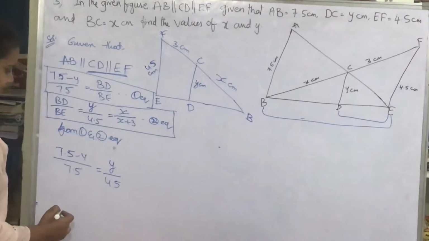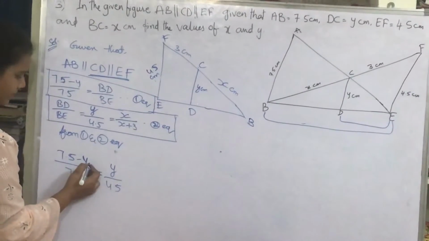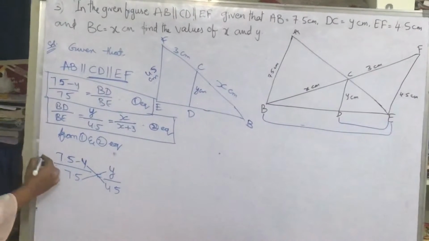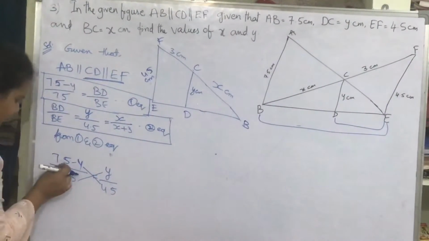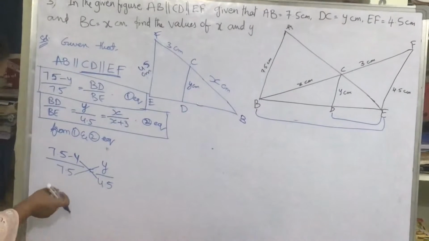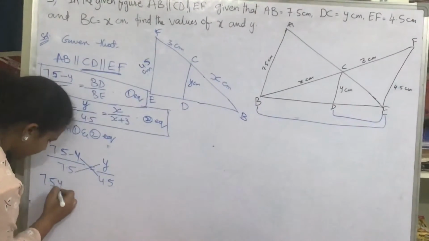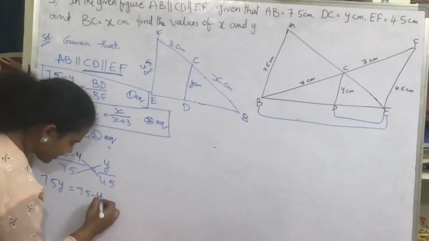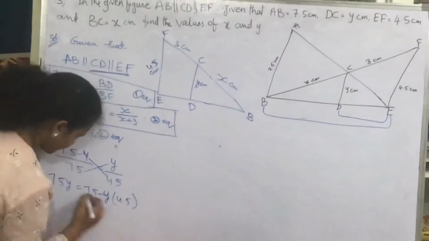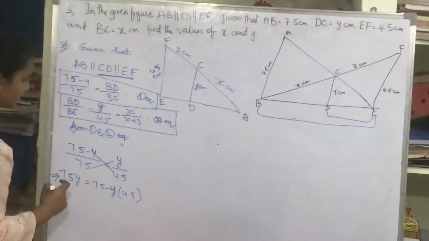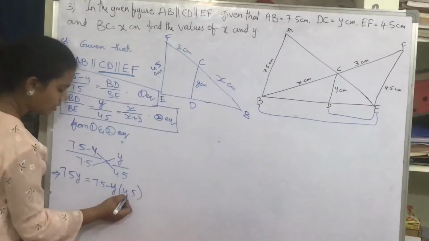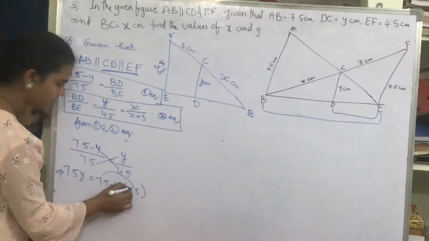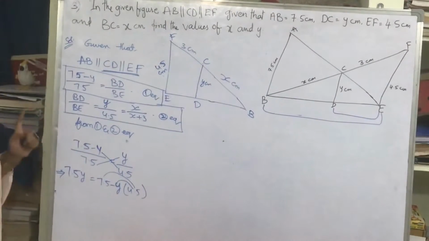Now by cross multiplication on both sides, I can take 7.5y equals to 7.5 minus y into 4.5. So if you multiply, 4.5 into 7.5 and 4.5 into minus y.